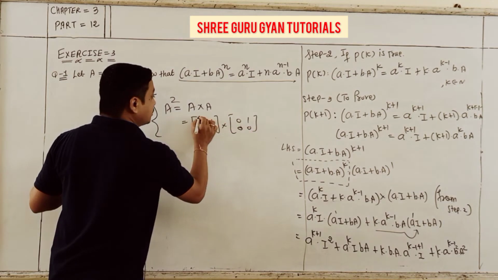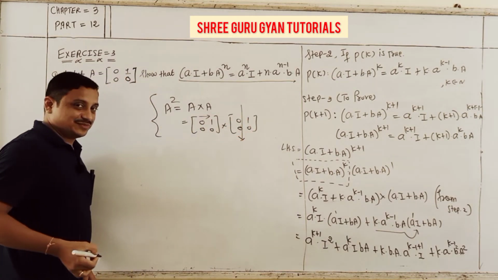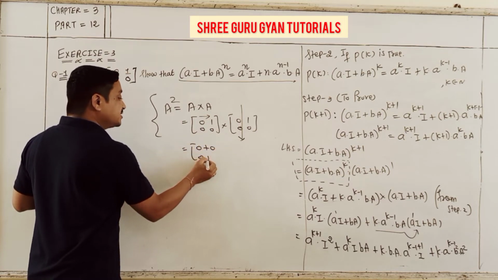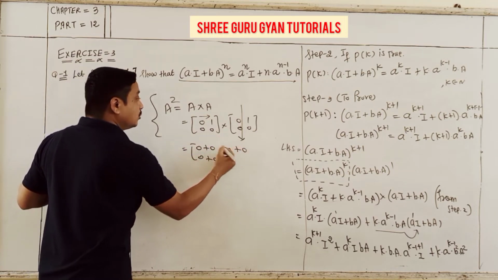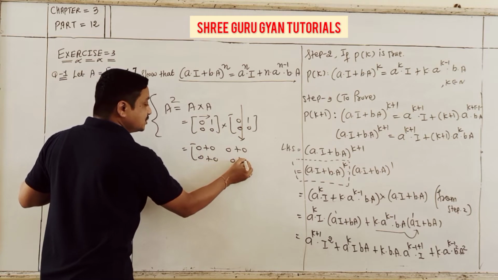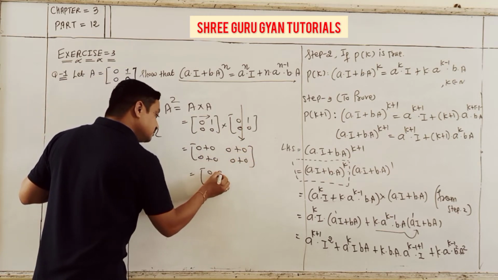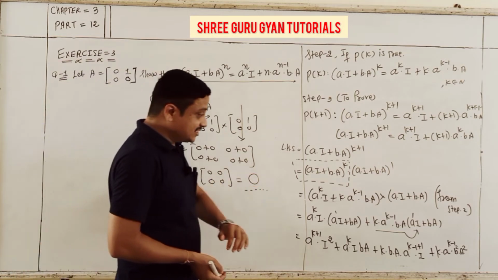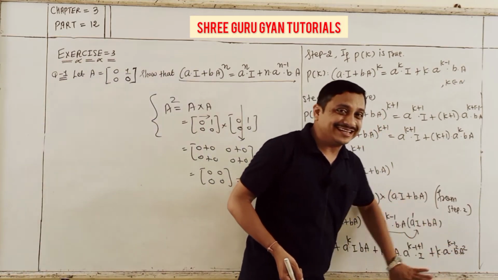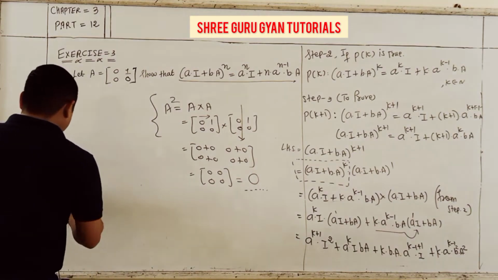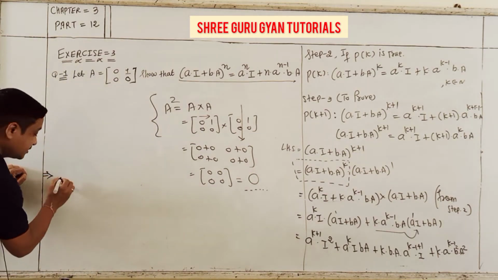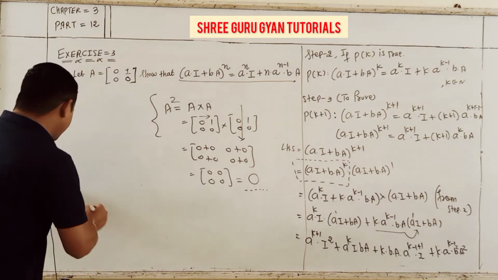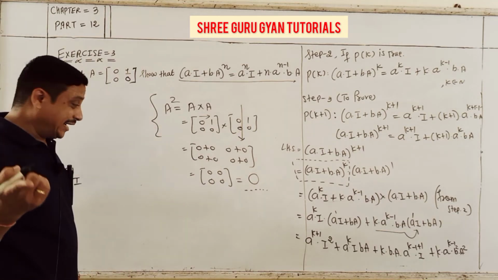You easily do row with column multiplication: 0 plus 0, next 0 plus 0, 0 plus 0, and the last also 0 plus 0. In short, it is the zero matrix, students. It means this term is gone. Remaining, I continue my steps: a^(k+1) into I squared becomes I, because identity times identity.